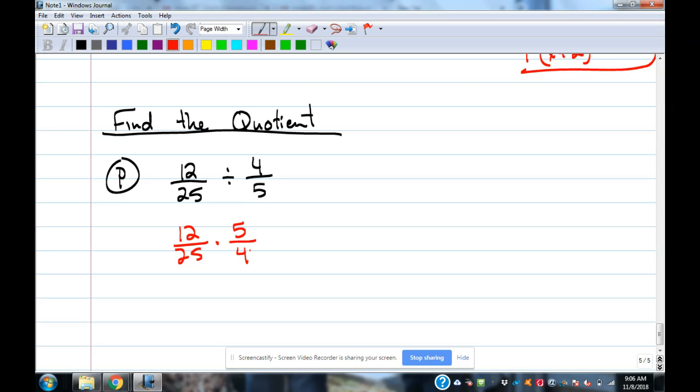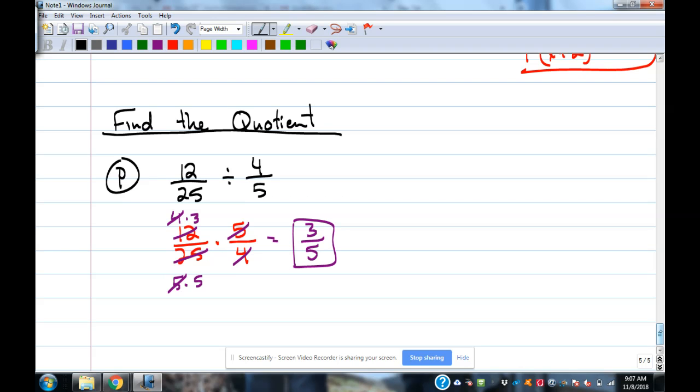Guess what? We've already done multiplication. We know how to do that, right? All we got to do is remember to flip the second one. All gone. 25 and 5, because that's 5 times 5, right? 4 times 3, the 4's cancel. We end up with 3/5. That cancels to b.